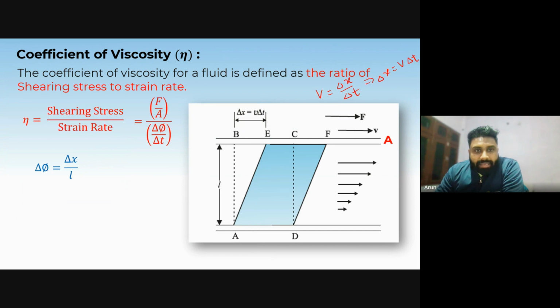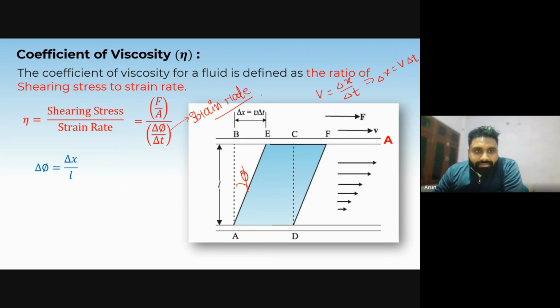So it is F upon A, shear stress is force upon the parallel area, divided by the strain rate. Strain is the change of this angle, shear strain, and let's say this angle is phi. So delta phi by delta t. This is important. This is the strain rate, not strain itself.